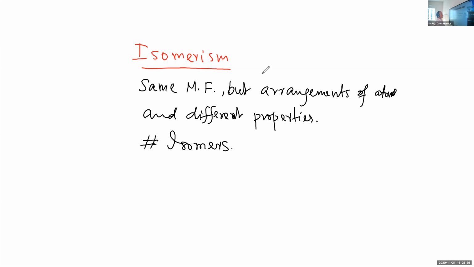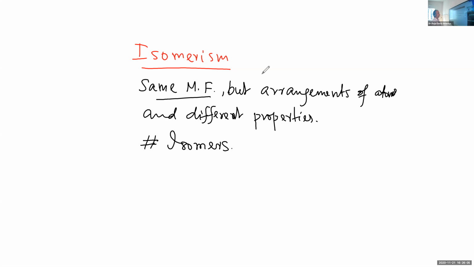So isomers have the same molecular formula, but different arrangements of atoms and different properties.